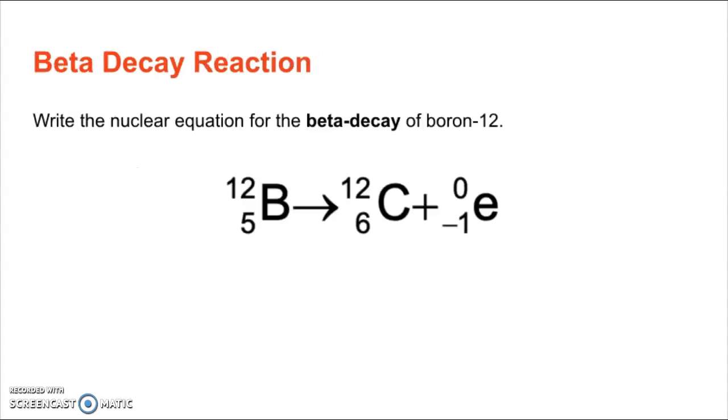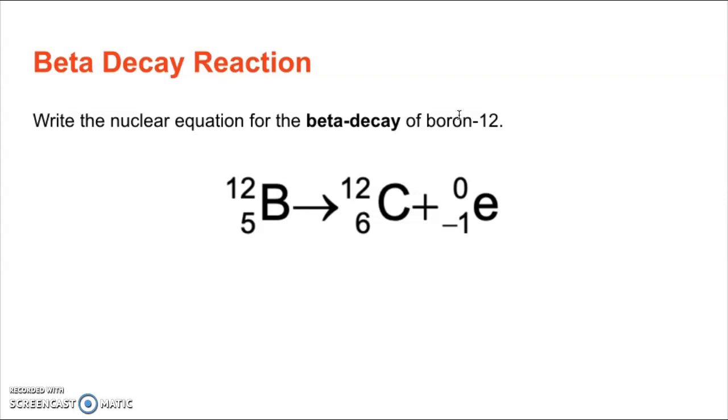So we just practiced doing alpha decay reactions. Now we're going to move on to beta decay. This gets a little bit more complicated. I want to write the nuclear equation for a beta decay of boron-12. I'm going to start the same way that I did with alpha decay.